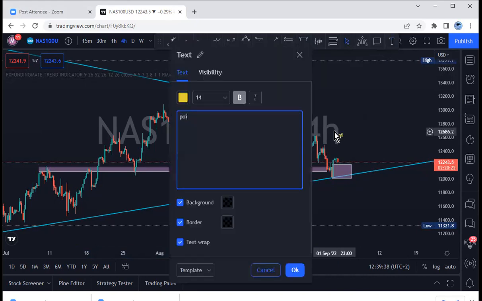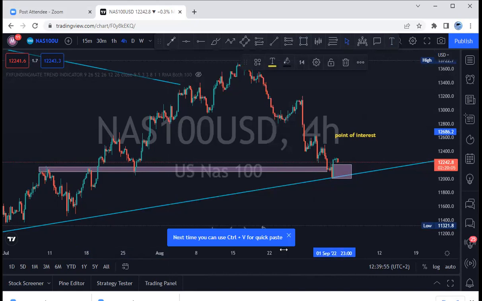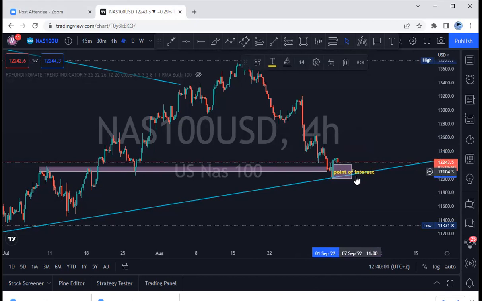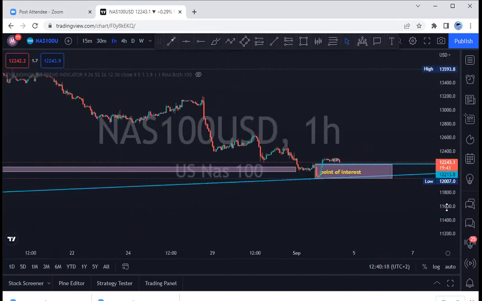This is our point of interest, or POI. What are we looking forward to see? We are looking to see the market at least maybe come back to test this and then go to the upside. So I'm going to shift to 1 hour now and see what's happening.